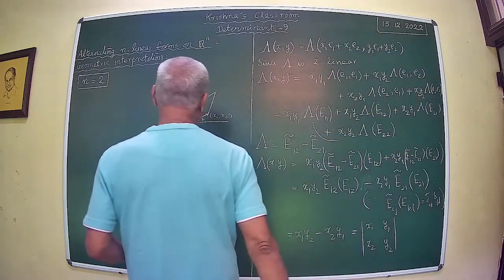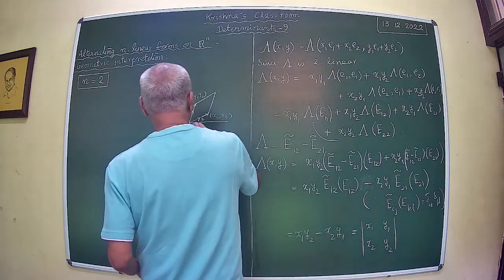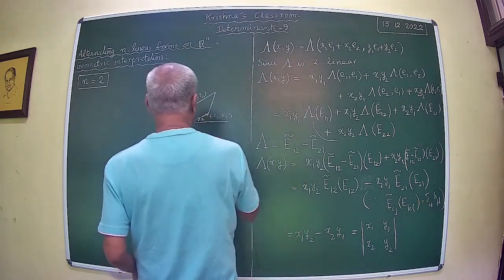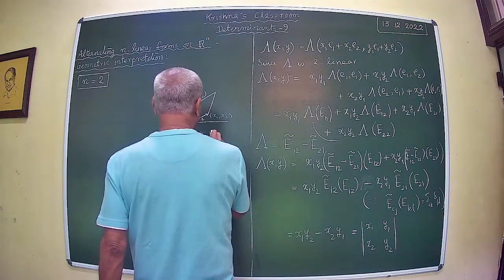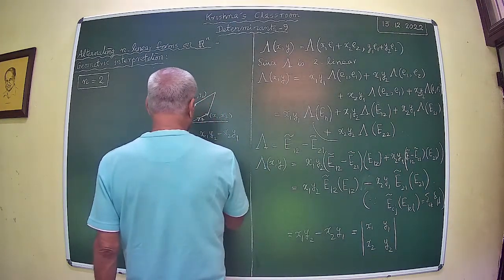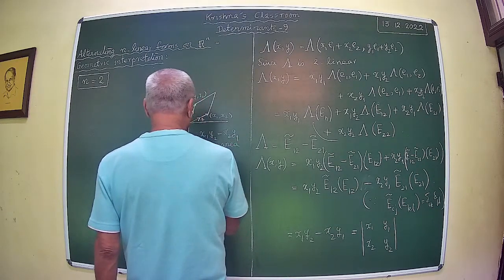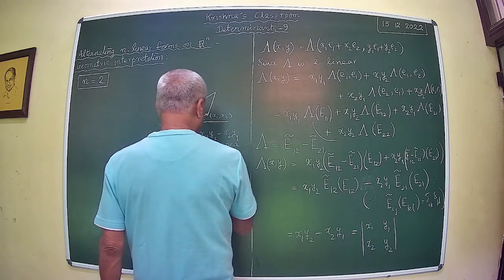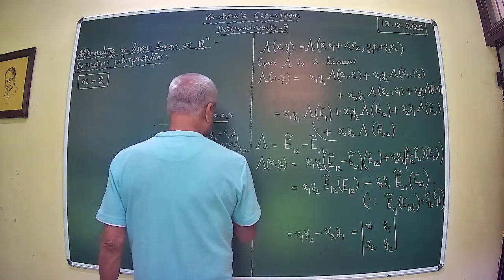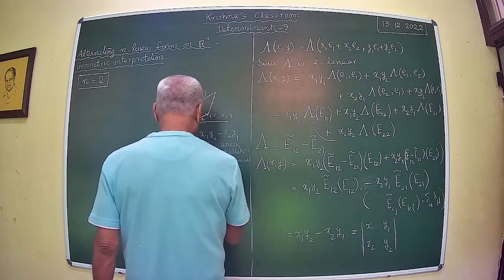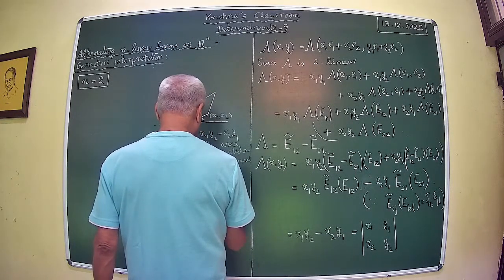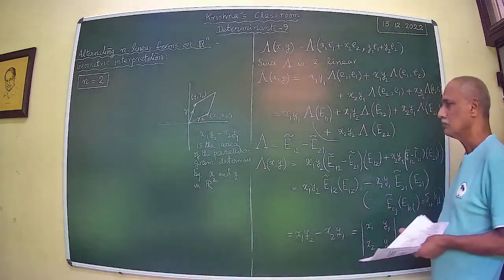The area of this parallelogram is given by x1 y2 minus x2 y1, is the area of the parallelogram determined by x and y.